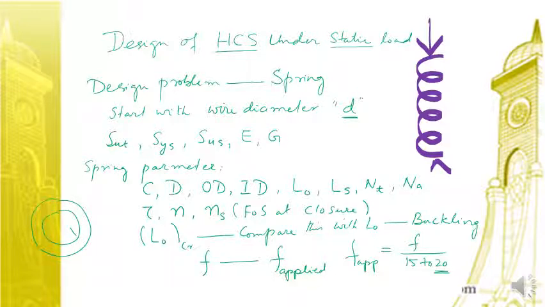This one is the wire diameter, and from the middle, this is the mean coil diameter, and then from the outer we will have the outer diameter, and similarly we can get the inner diameter.